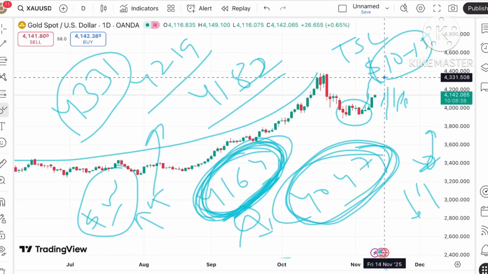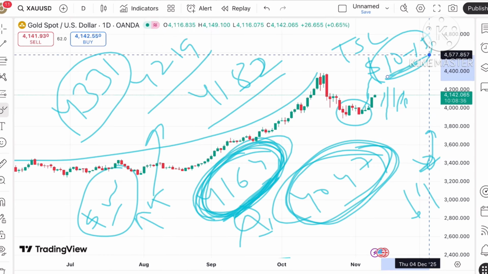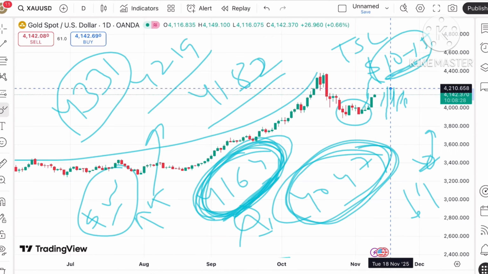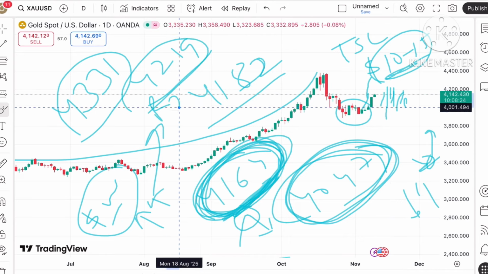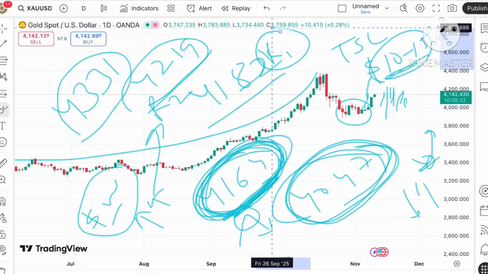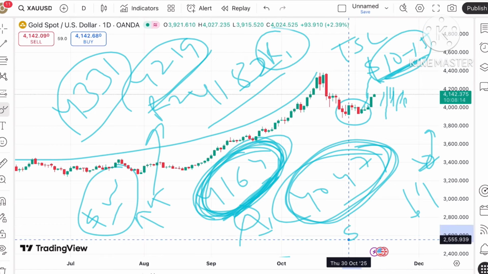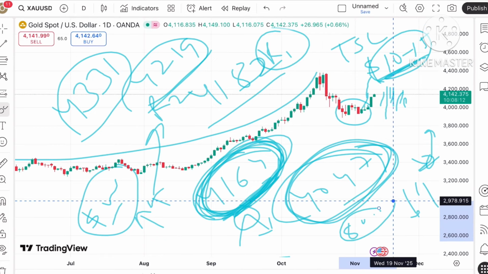So you can trail your SL by 10 to $15. As soon as the price starts sustaining over this level, the next support is at $41.78, and if the price moves above that level, we can see $42.19. This is resistance 2, and this is resistance 1. By trailing your SL, you'll capture a high movement, and if the price starts coming down, you will at least save around 80 to 85% of the profit.